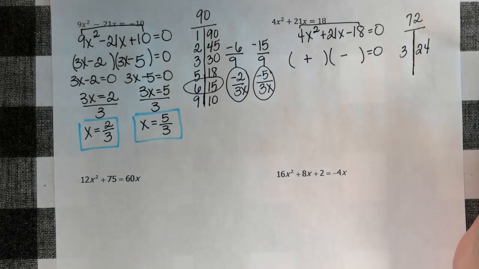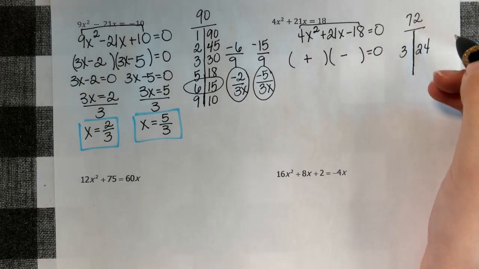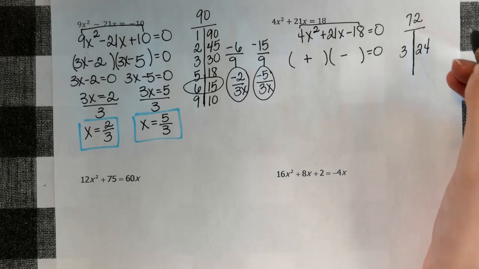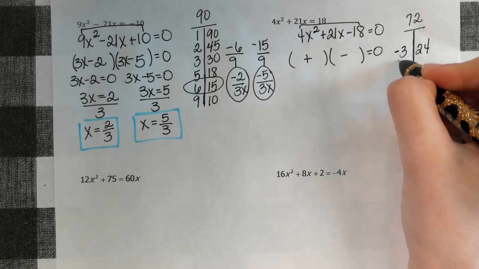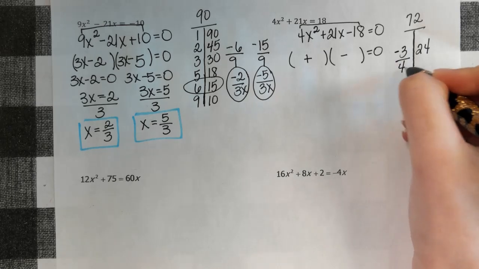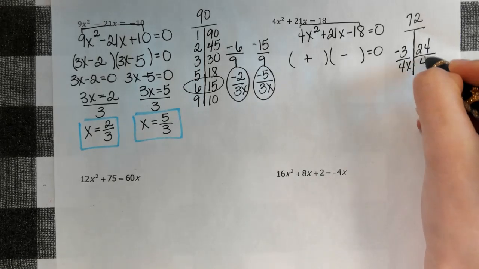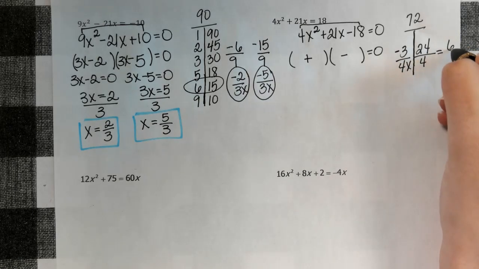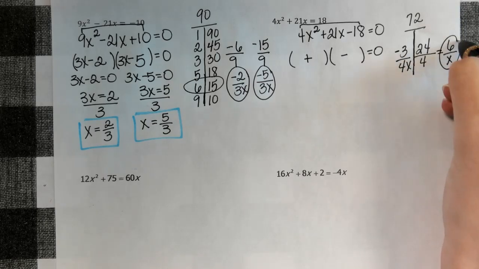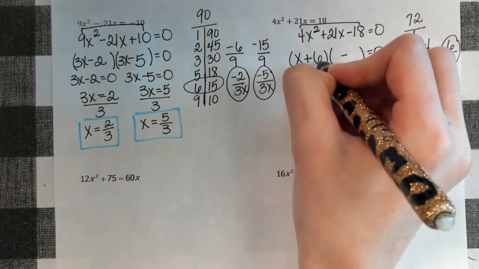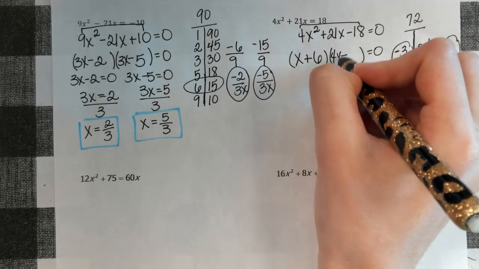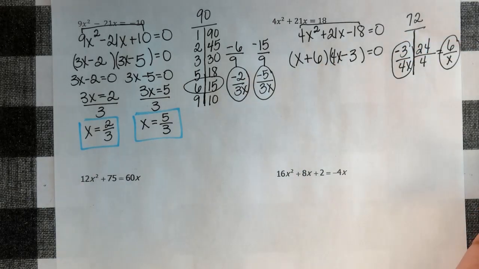Okay, which one's positive, which one's negative? 24 times 3. Okay, and then I take those and I do what with them? Divide by 4. That gives me 6. So I have x plus 6 and 4x minus 3 equals 0.